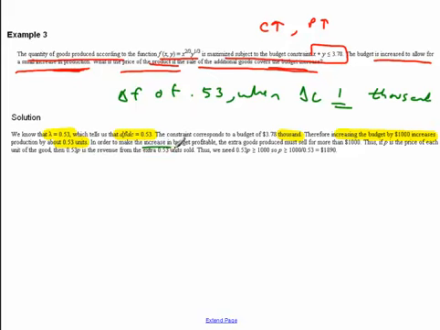Therefore, in order to increase the budget and make the increase profitable, we must make sure that we are getting enough money back.